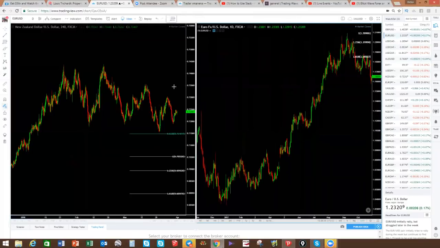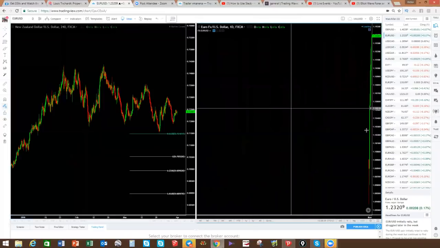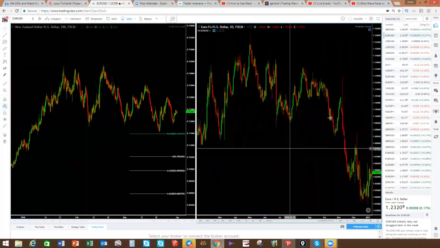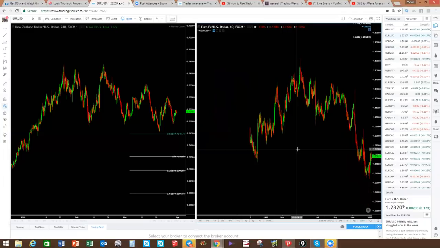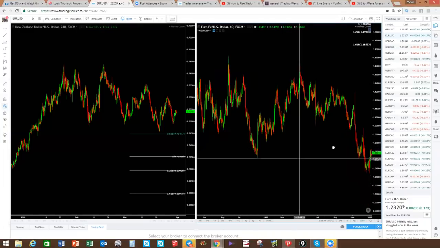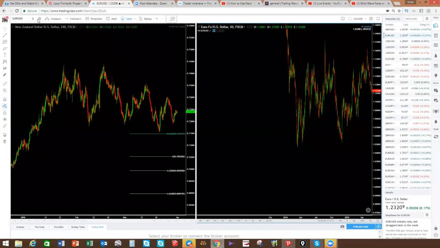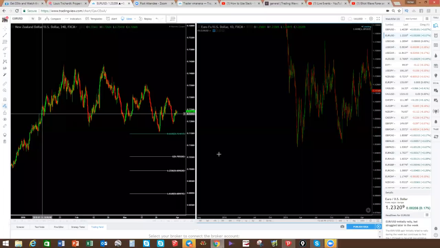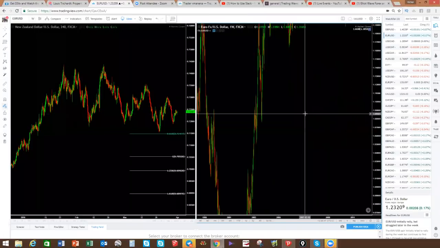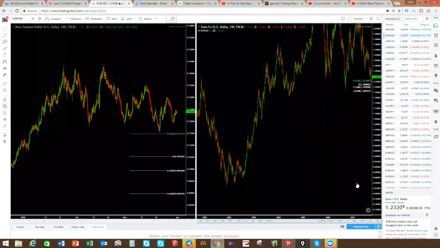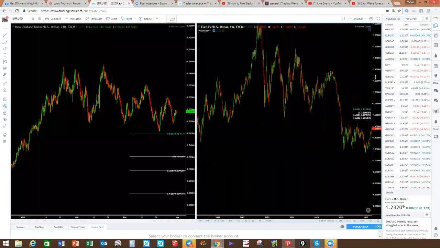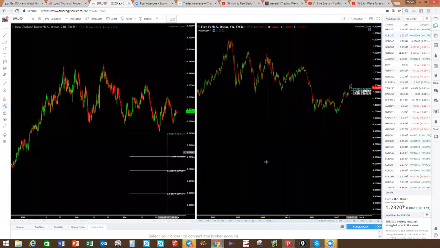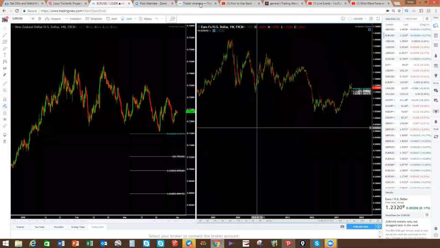This one, look at it on the daily. Okay, we can see it here. Actually on the weeklies, look on the weekly. So that's the structure that we're looking at on the weekly.